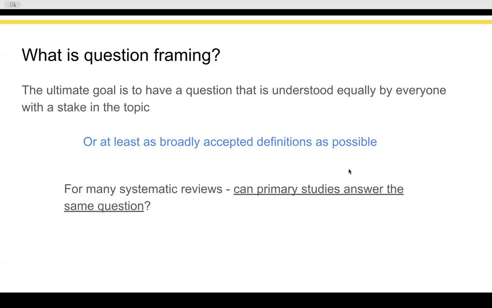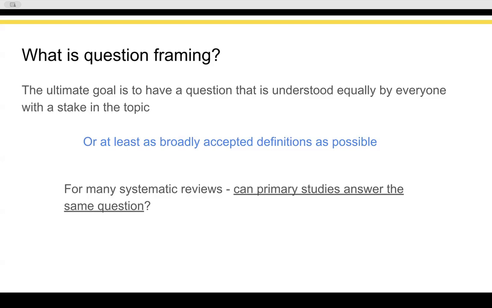One additional point is that for many systematic reviews, the way to understand whether you've got a systematically reviewable question is to say, could a primary study answer this question? That is often very helpful because sometimes we can get bogged down in systems level questions that deal with entire conceptual frameworks, but actually the question that we're answering is just one spoke in that theory of change.